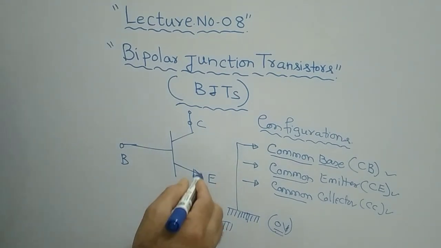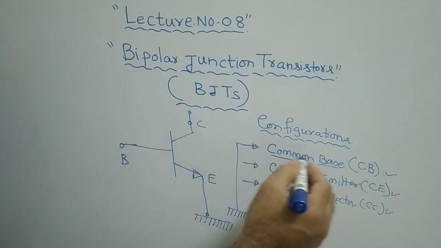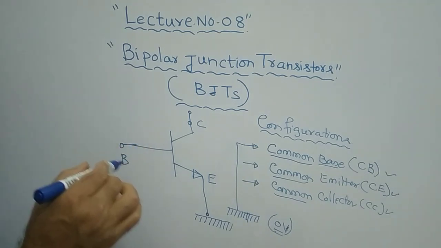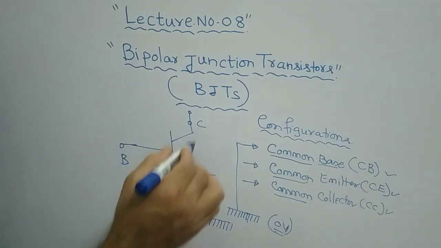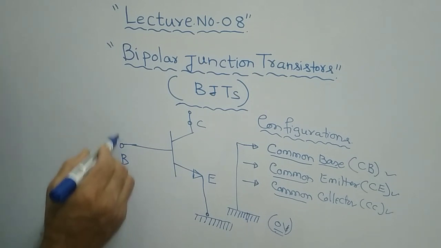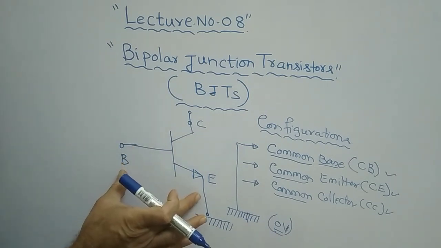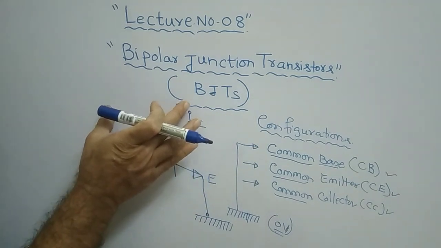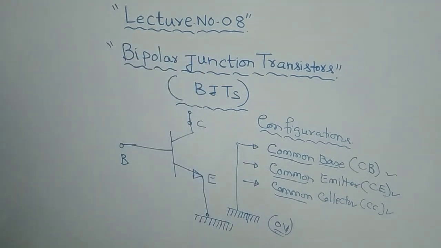So in common base, if you put the base terminal as common, then of the remaining two terminals, one acts as input and the other as output, right? With respect to the base terminal, we apply the input at one end and take the output at the other end.